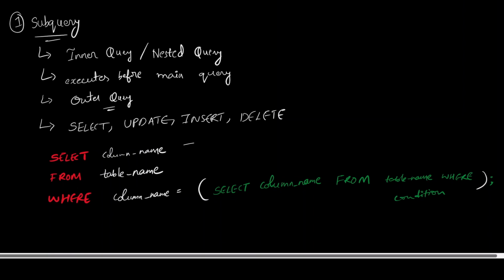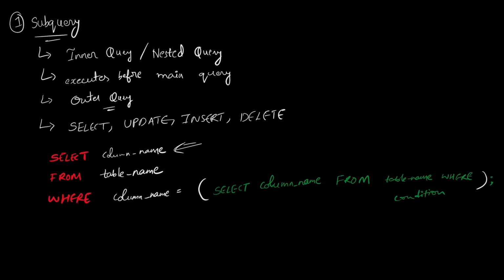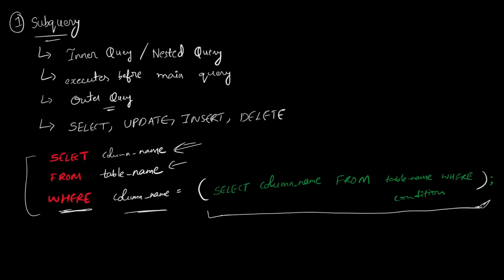First you will select the column names from the table, and in the where condition you will specify the condition as a subquery. The output of this subquery will be used for this where condition, and it will filter the data based on the specified condition and display the data for this SQL statement.